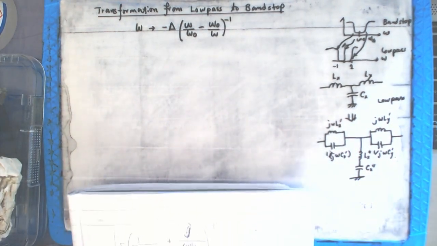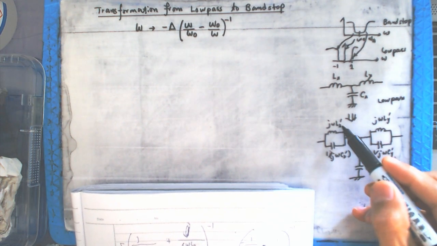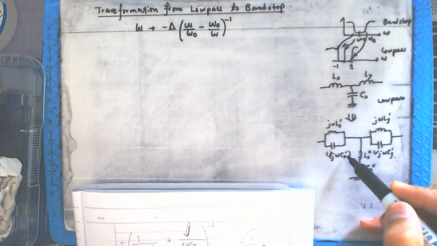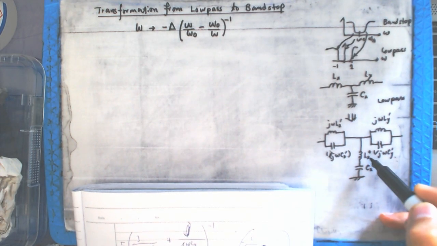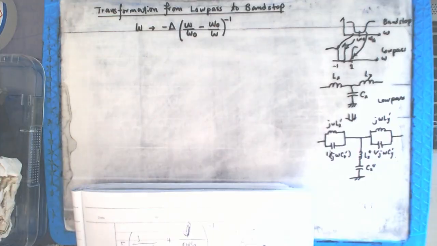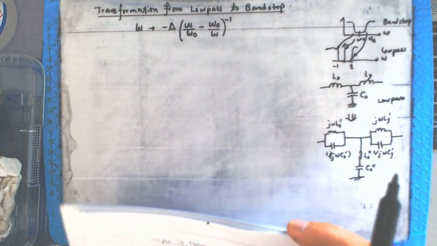But the question is, how are you going to find those L of X prime, C of X prime, or L of X double prime and C of X double prime? So we are going to find it. The trick is the frequency scaling.